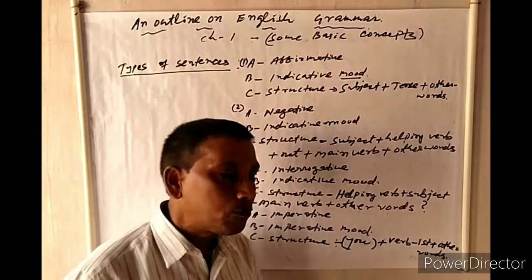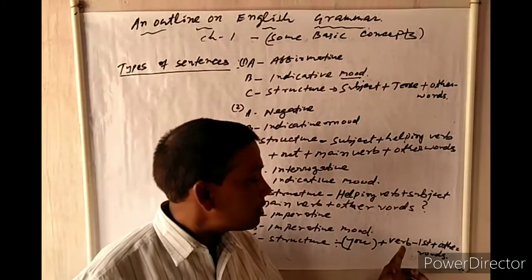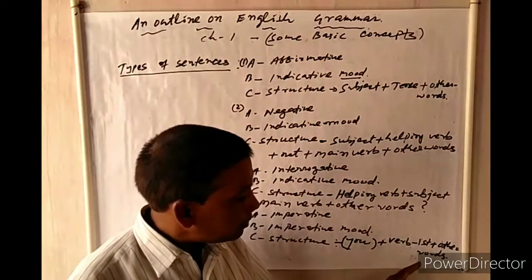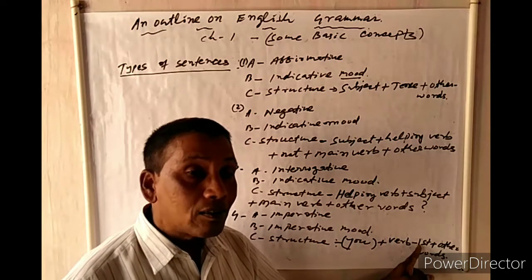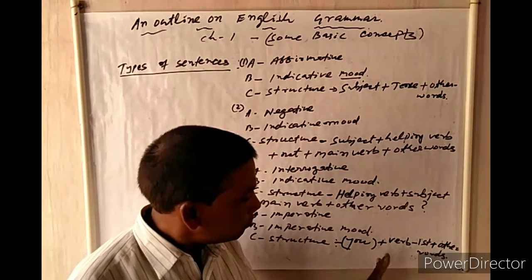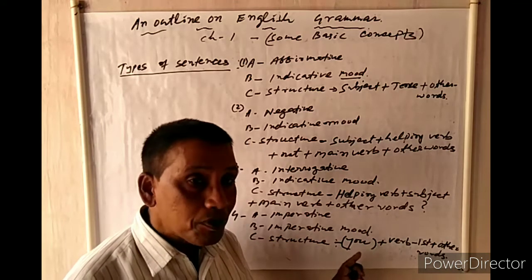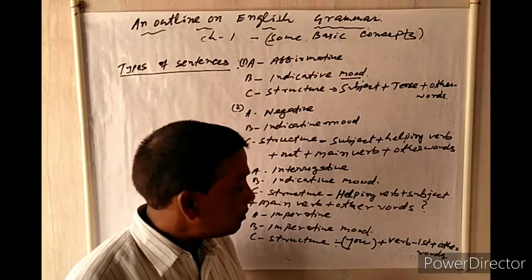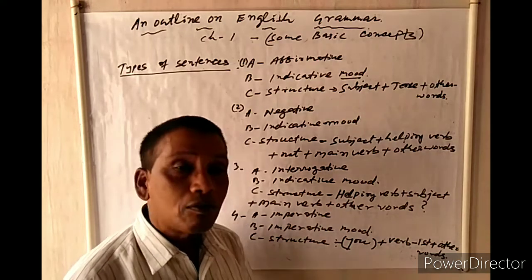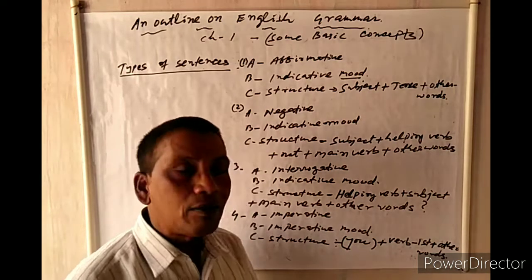And when we'll be studying more and more, when we'll be going through the chapter of verb, at that time this thing will be clear. Why in the imperative sentence the first form of the verb is used, at the time the reason, the logic also will be made more clear.